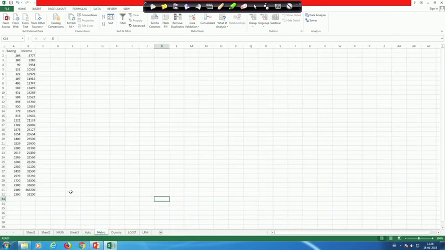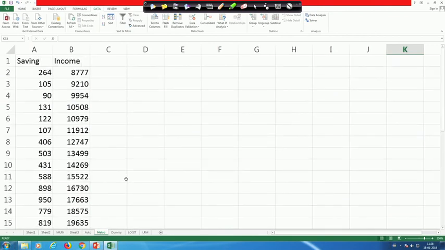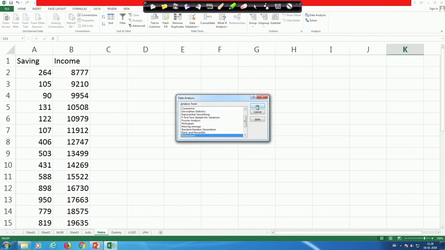This is a problem with respect to saving and income. Again, the first step of the process is to go to data analysis and choose the regression package.